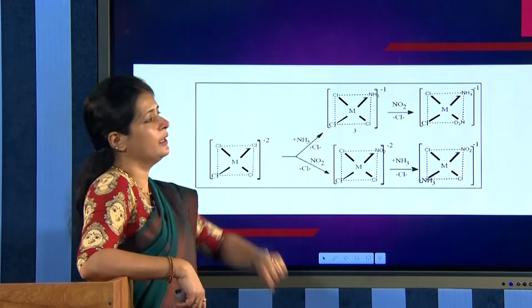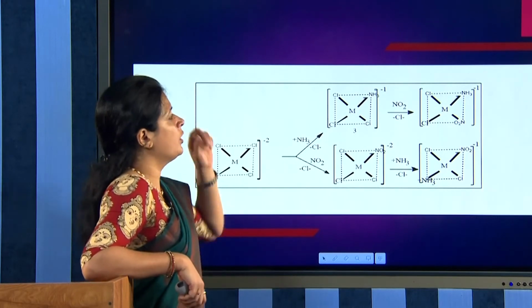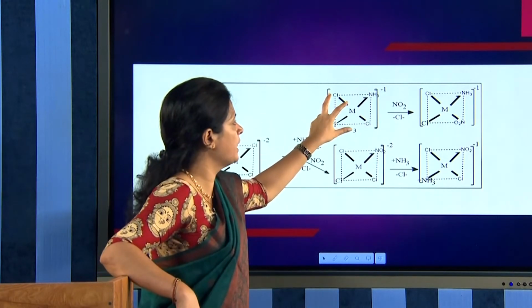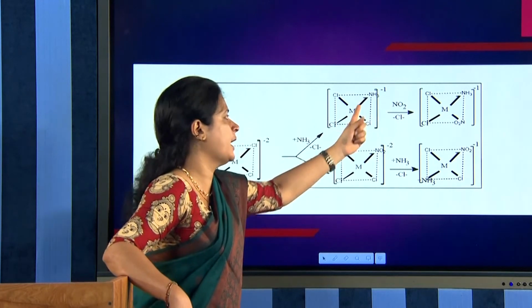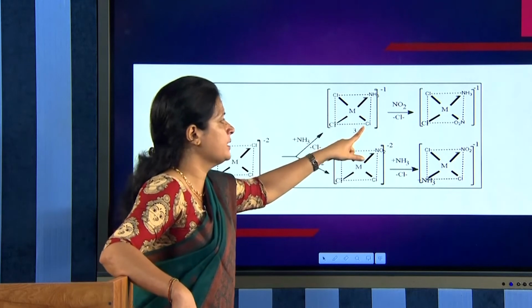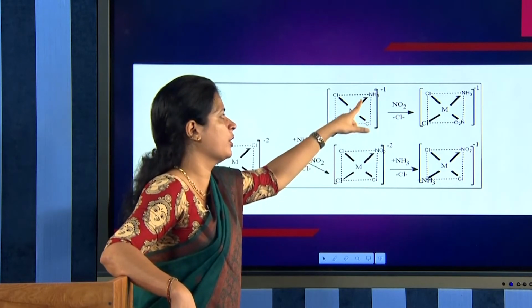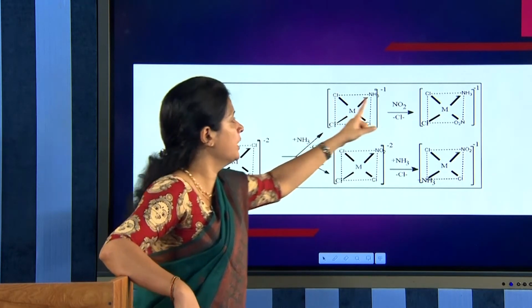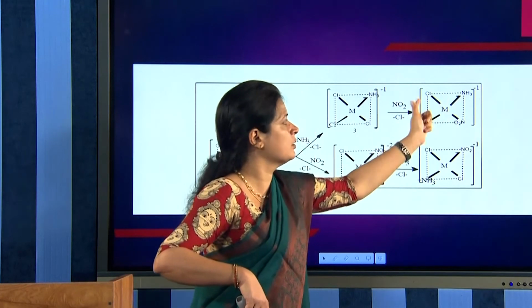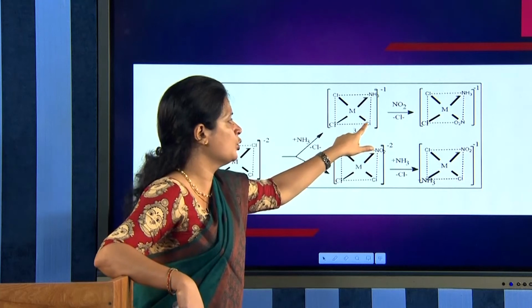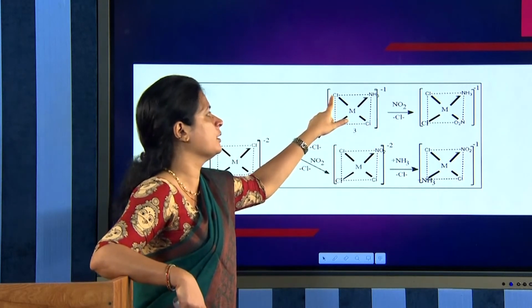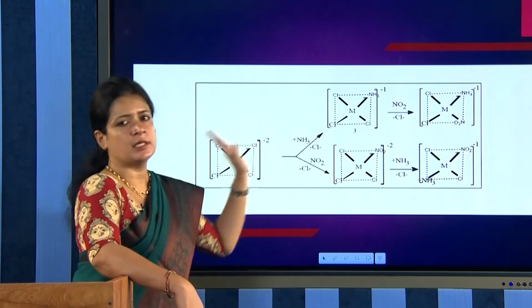And now what happens? Either the incoming NO2 will be attached here or here. If it is attached here, I will get a product like this. If it is attached here also, the same product is there. NO2 can be attached here or here. Okay. So this is the product.